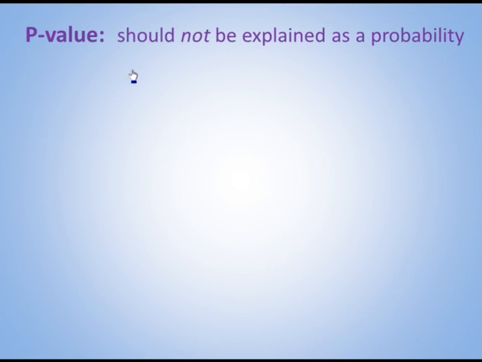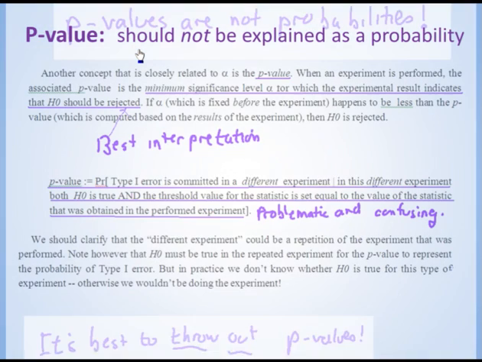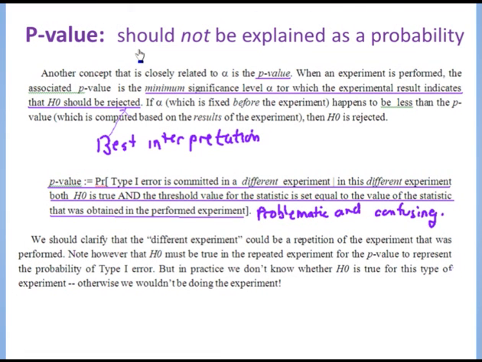Okay. Another related concept is p-value. Now, p-value is sometimes explained as a probability. If you do so, this will often lead again to confusion. Okay. Now, you can explain p-value as the minimum significance level alpha at which the experimental result indicates that H0 should be rejected. Okay, you do your experiment, you compute a p-value from the result of the experiment.